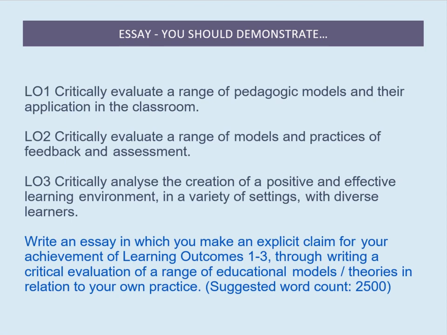We break this down in much more depth in a separate video, but your 2 or 3 theories need to take into account the field of teaching and learning, i.e. pedagogy, the realms of feedback and/or assessment, and also the realm of learning environment, group dynamic, and positive relationships within teaching and learning. Great. So the suggested word count for this is 2,500 words, the same kind of recommended size as the main essay section for your module 1.